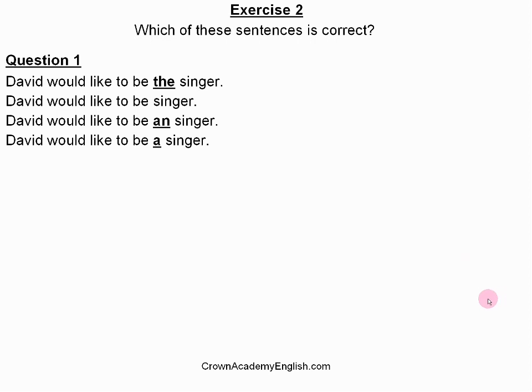And the answer is the last one. David would like to be a singer. So it's a person's job. So we use the indefinite article. And singer begins with a consonant sound. So we say a singer.